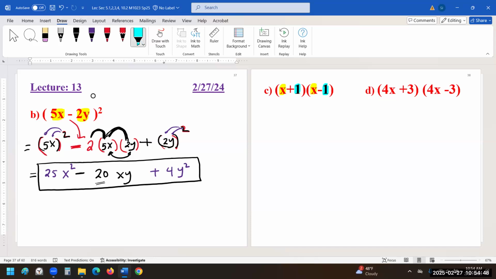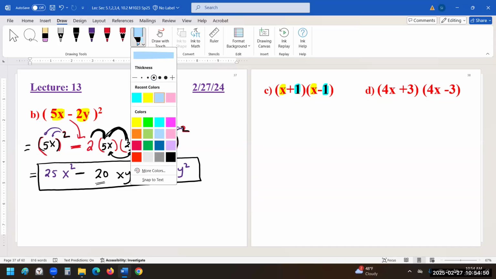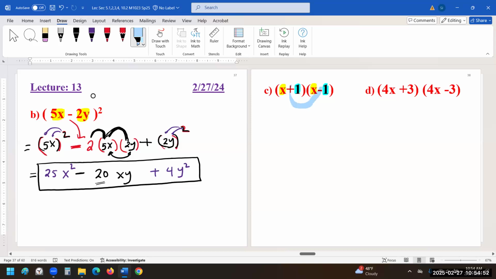The only difference is in the middle. One of them is positive, but in the middle, another one is negative. That's the only difference. When you have the exact same two terms, only the middle signs are different, they have special names. We call them conjugates.